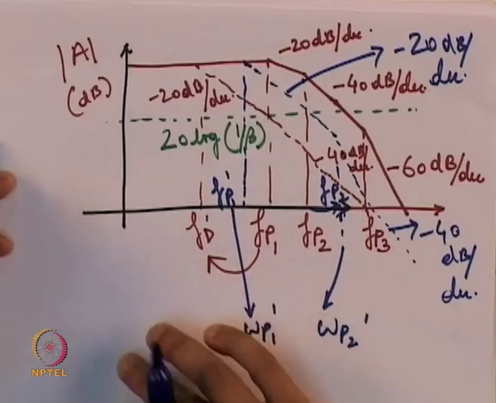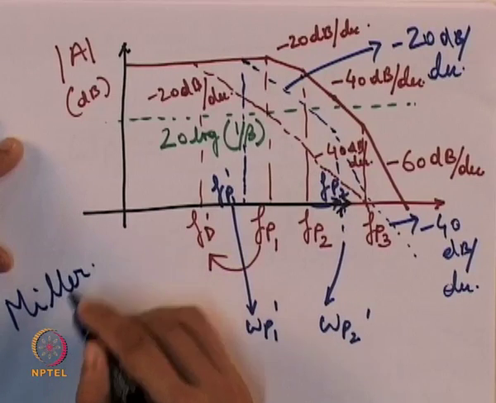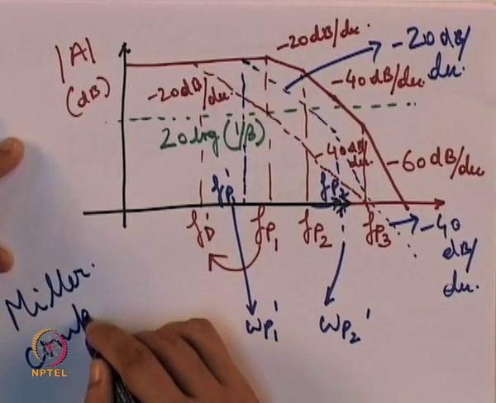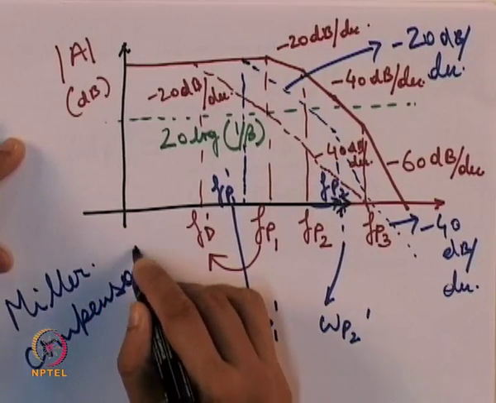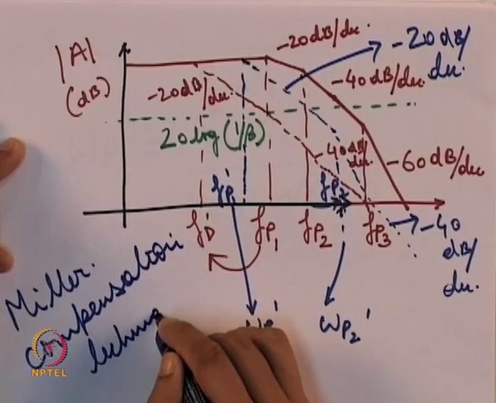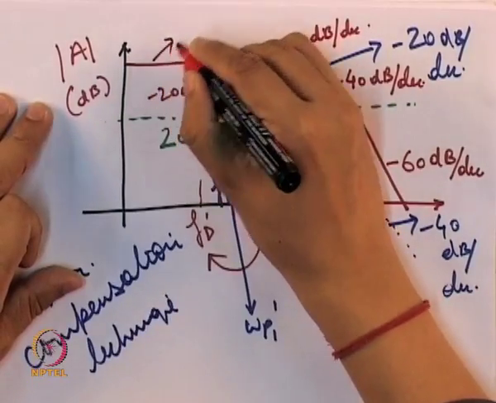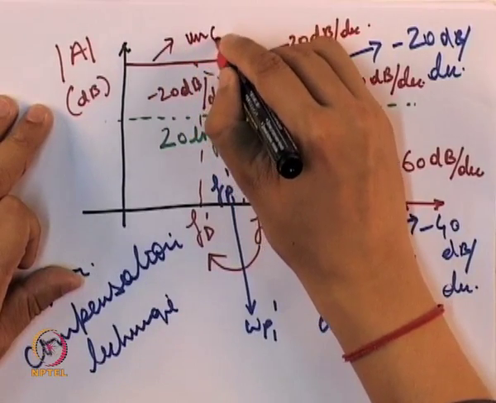So this technique is known as Miller compensation technique. So this line is the original uncompensated.